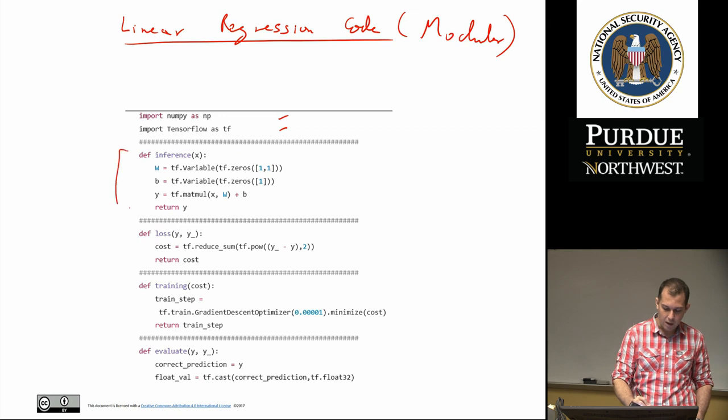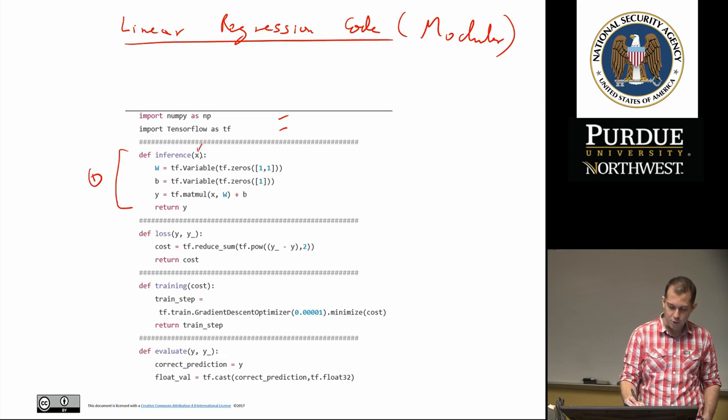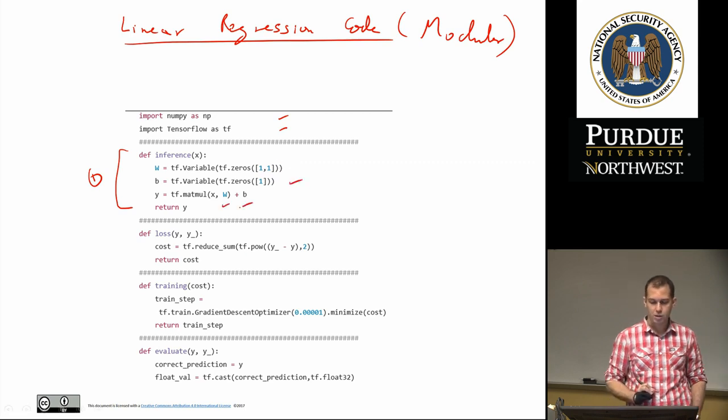Notice now, however, that we define a function called inference. The input to it is x. And if you look, it's really just W, B, and Y. W, if you remember, is just the variable, with the same dimensions, that hasn't changed, as we explained before. The same goes for the bias, and these parameters are used here.